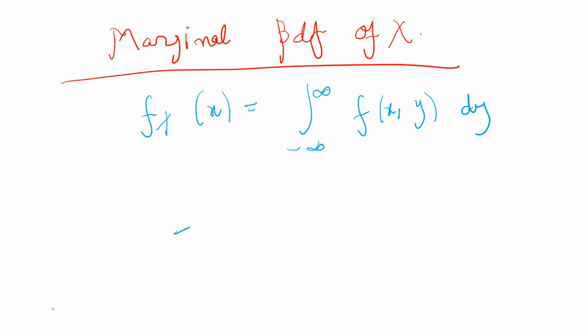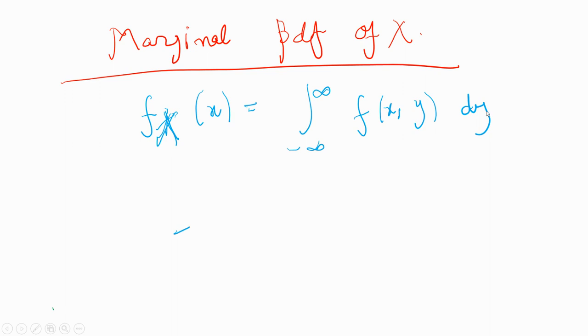Always remember, when we find f_X, the integration is over the dy range. Similarly, when we want to find f_Y, then it will be the integral from -infinity to infinity, or whatever the range of y is, of f_XY dx.